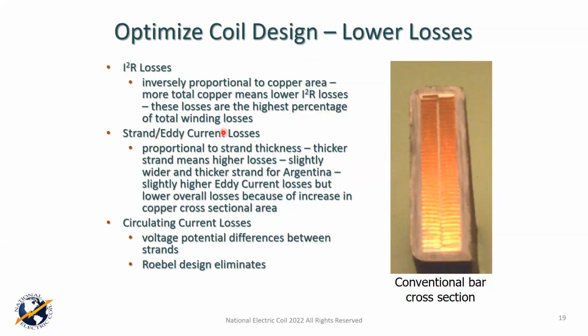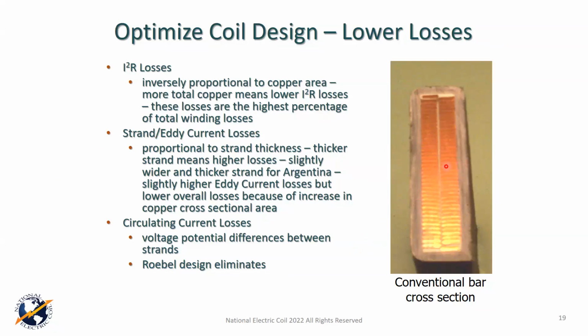Strand or eddy current losses have to do with the geometry of each individual strand. To give you an analogy, many of you may be familiar with cables. Most of the current is carried on the outside of the cable, and you're probably aware of that. It's the same way with the strand.